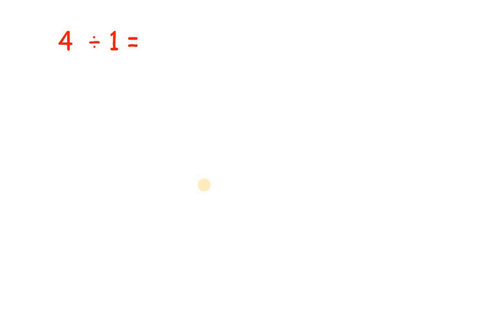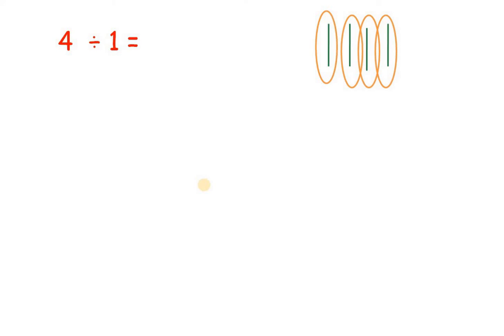Let's try 4 divided by 1. So we have 4 objects and we need to divide them into groups of 1. 1, 2, 3, 4, and groups of 1. So each group will have one object inside it. 1, 2, 3, 4. So the number is 4. 4 groups of 1.